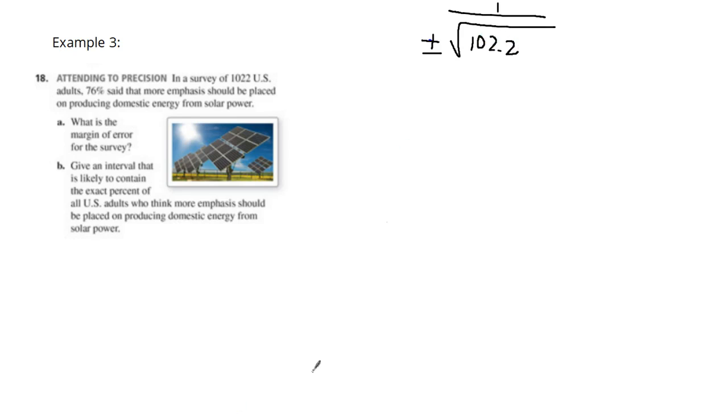Let's round it, because I'm too lazy to pull out the calculator: plus or minus 1 over the square root of 1024, which is 1 over 32, which is around 3.06% either way.